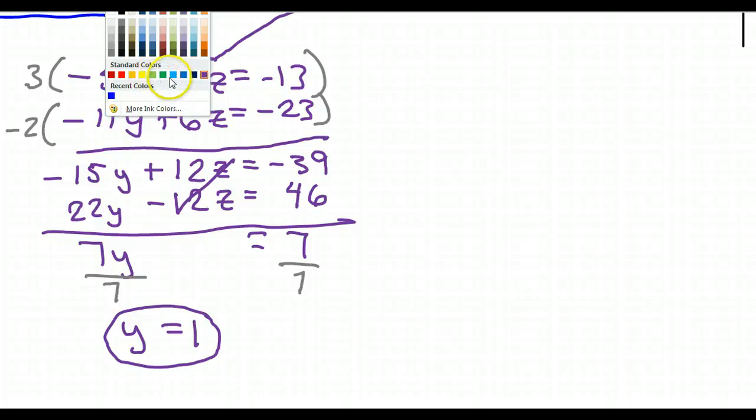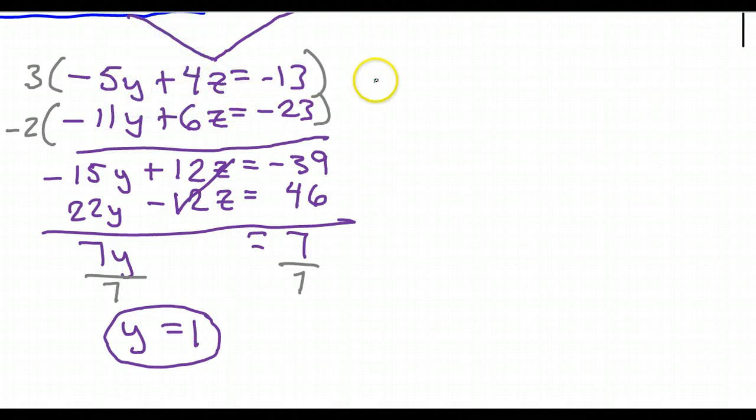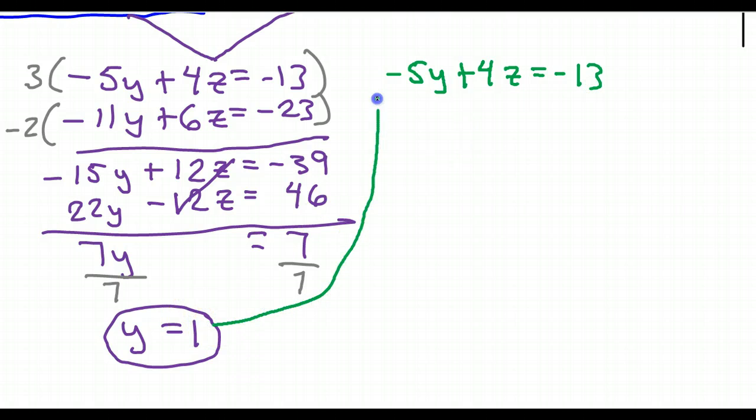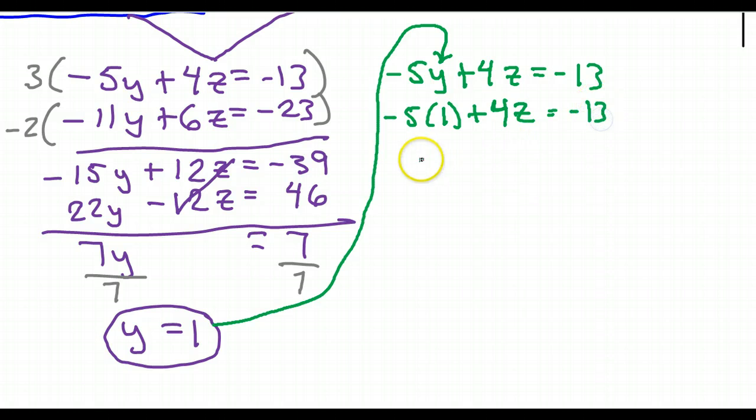So this top equation here is negative 5y plus 4z is equal to negative 13. If I take this y and plug it in right here, that's going to give me negative 5 times 1 plus 4z is equal to negative 13.